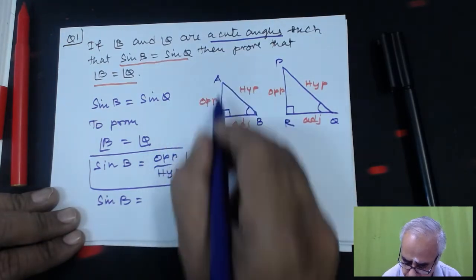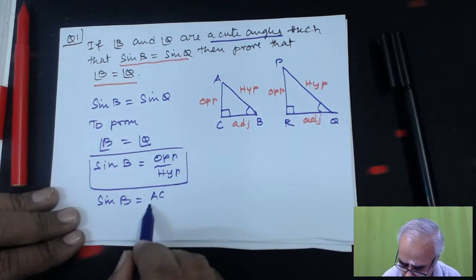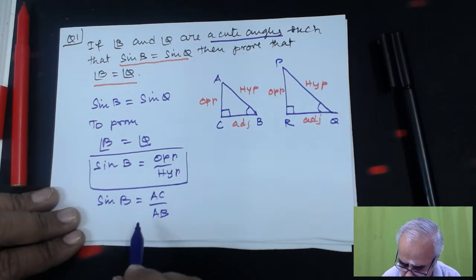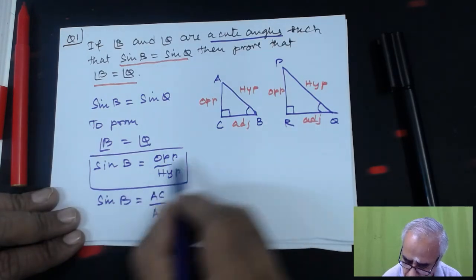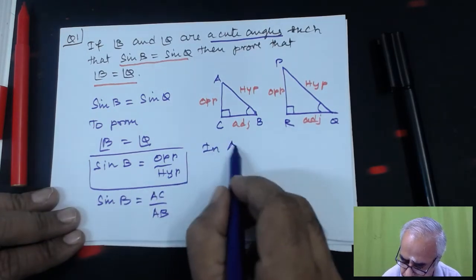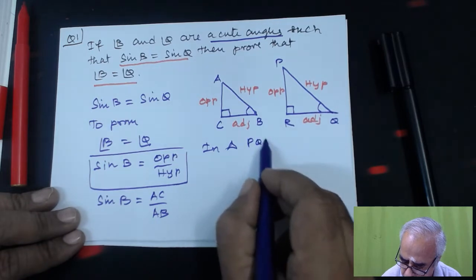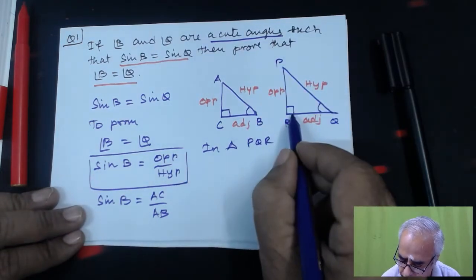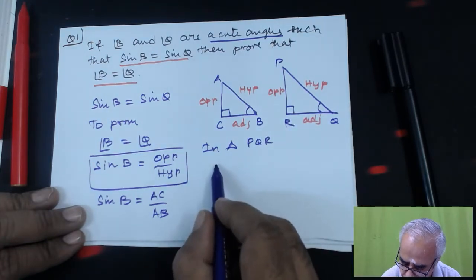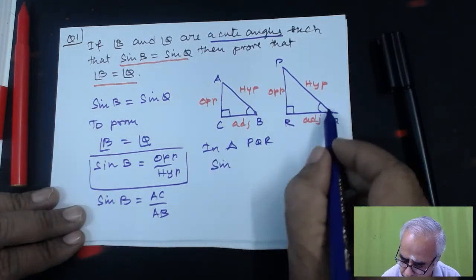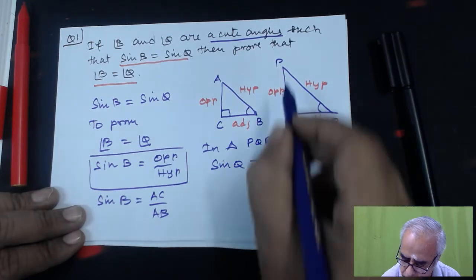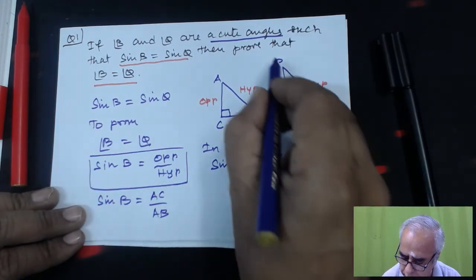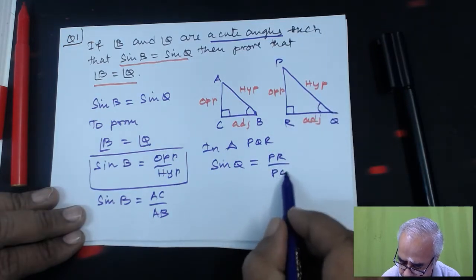That is AC divided by hypotenuse AB. Similarly, in triangle PQR, which is right angled at R, sin Q is equal to PR, the opposite side, divided by hypotenuse PQ.